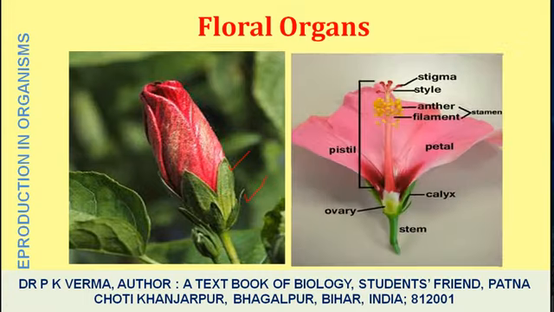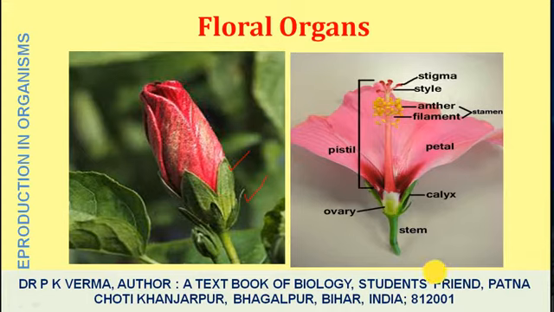Now see another diagram. It is the vertical section of the flower of China rose. You can see that from the thalamus of the flower, small leaf-like structures, the epicalyx, are arising all around.